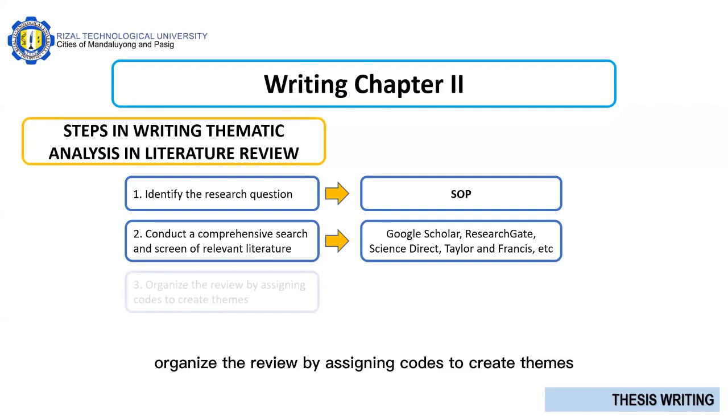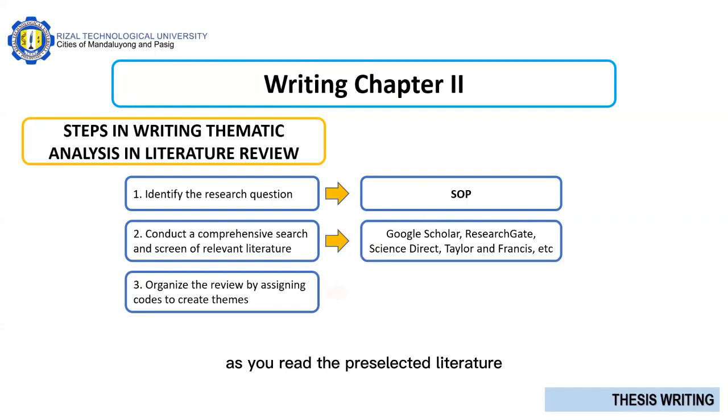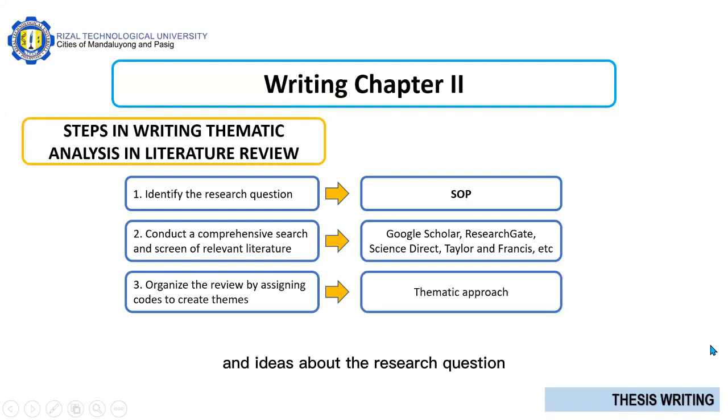3. Organize the review by assigning codes to create themes. As you read the preselected literature, look for important themes, ideas, or concepts and write them down. Coding is the process of giving each theme or concept a label or group. Once the codes have been given, put them into larger themes or patterns that show the most important findings and ideas about the research question.